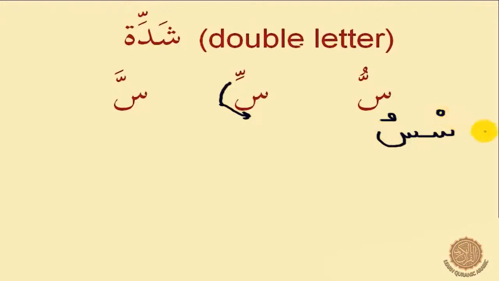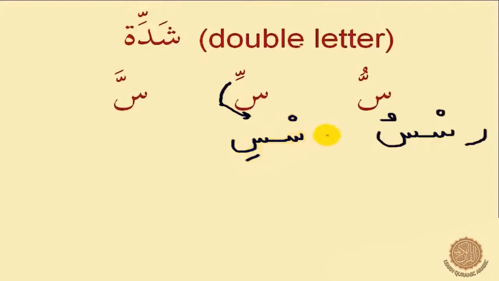So let's put the ra, for example. So to pronounce this, we would say rassu. Rassu. Notice how I give the double letter. Rassu. Rassu. Now similarly, this is two seens as well. The sukun is on the first, followed by the kasra on the second.